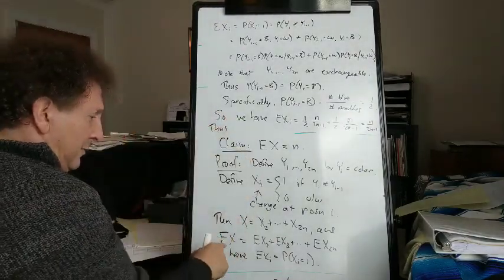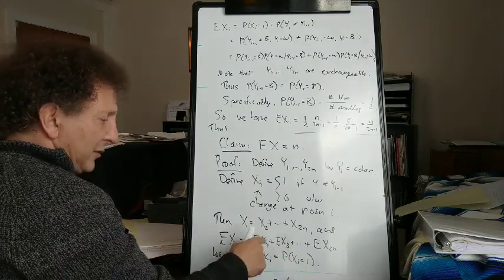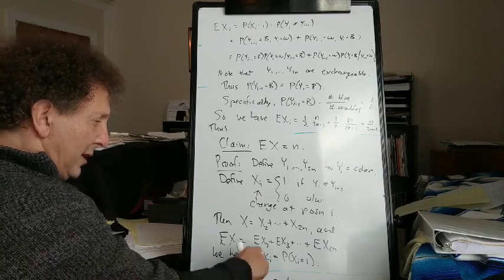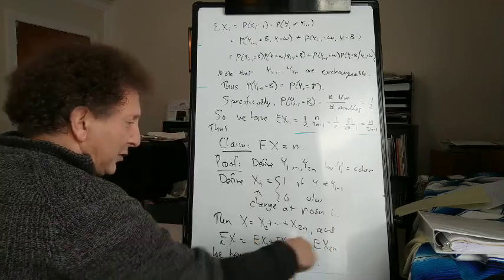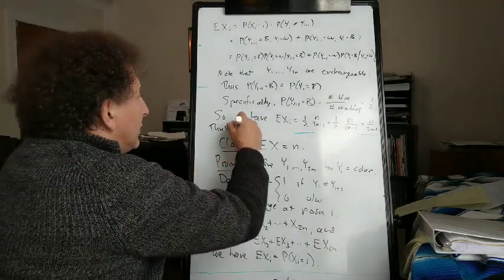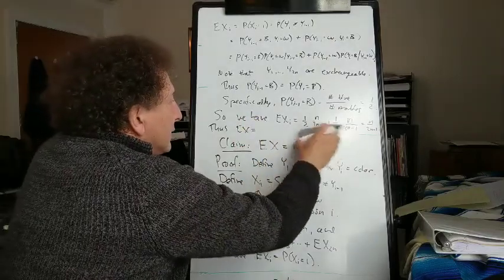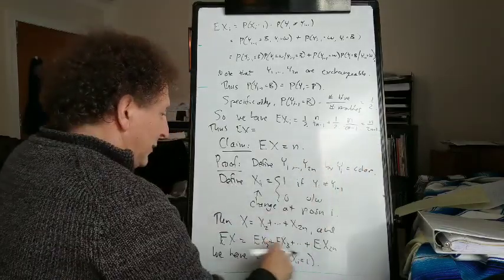So that means that when we take expected value of x as the sum of these expected values of x2, x3, up to x2n, let's see, there's 2n minus 1 total. So each of these is n over 2n minus 1.